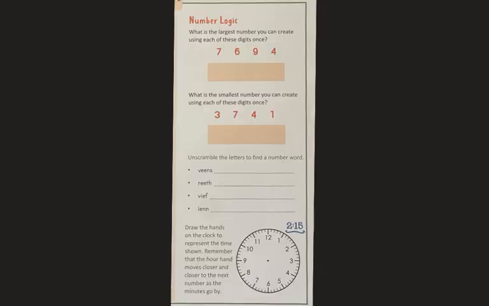At the top of this column, what is the largest number you can create using each of these digits only once? What is the smallest number you can create using each of these digits once? So largest number, smallest number.